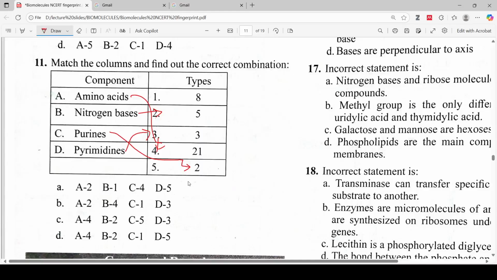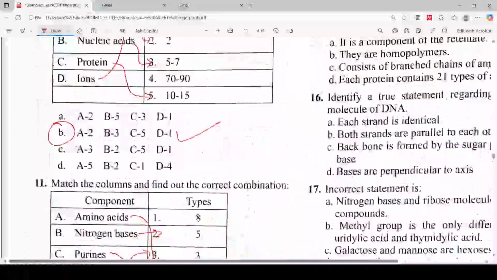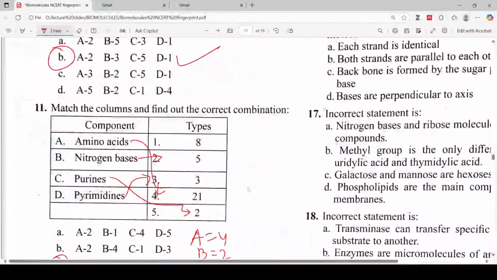So the correct answer for this question is C: A4, B2, C5 and D3. Let's move to the next. Again, another question I will solve.